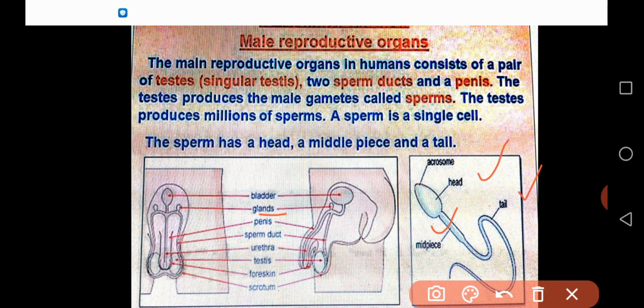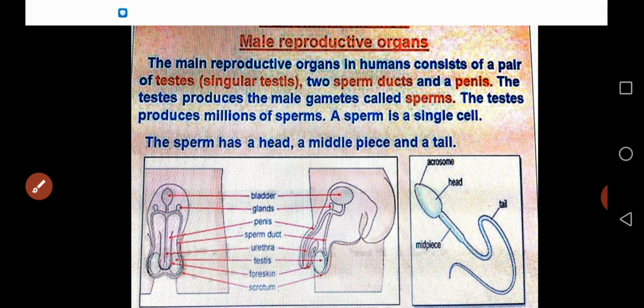The male reproductive system contains two very important glands, the prostate gland and the seminal vesicles. Both produce secretions that take part in easy transport of sperm, and the fluid provides nutrition to the sperm. So this is about the male reproductive system or male reproductive organs.